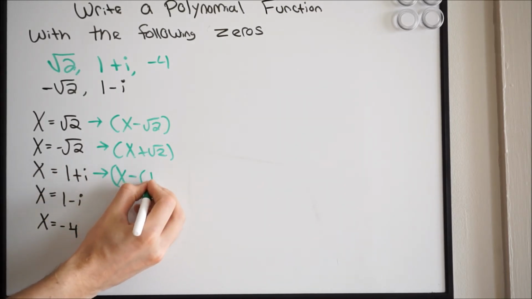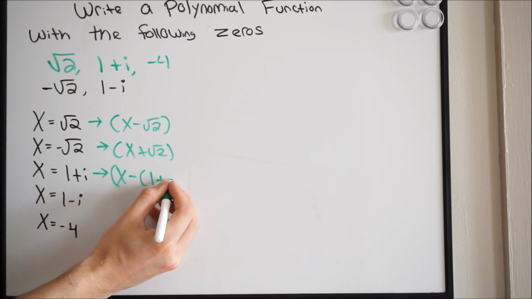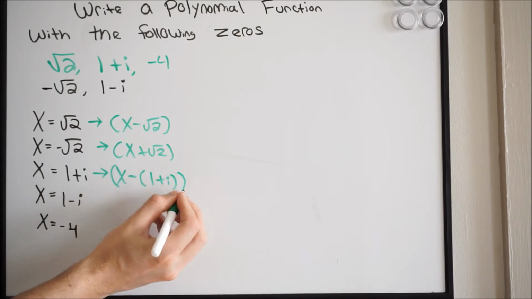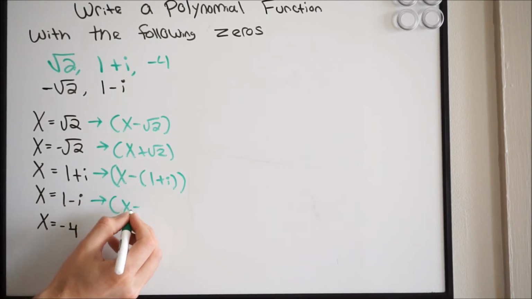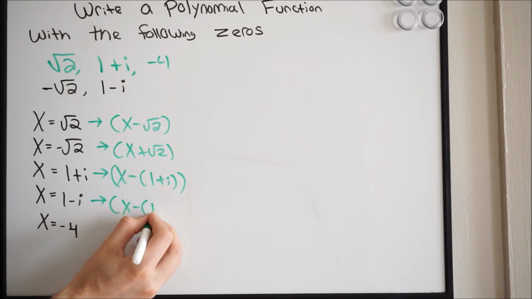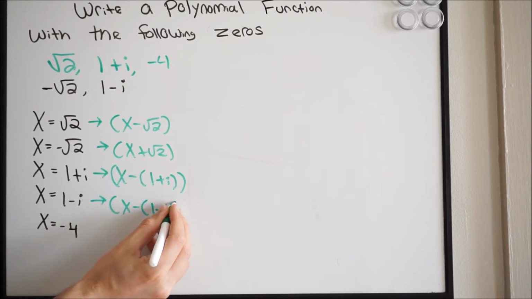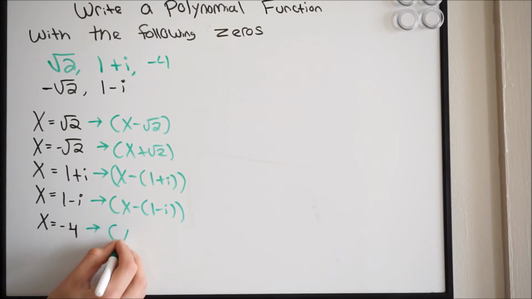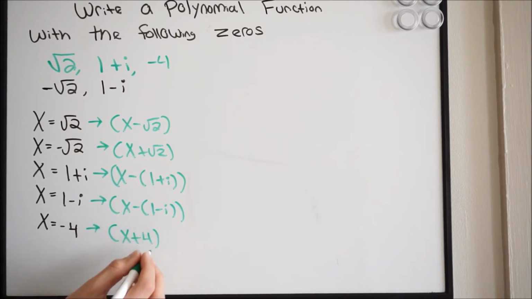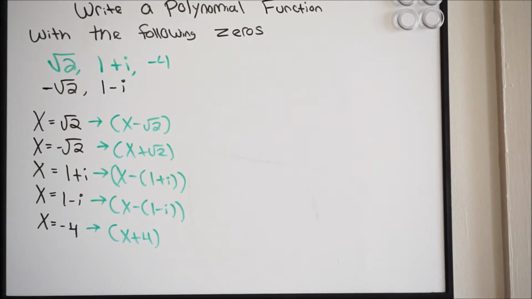We'll have 1 plus i, okay, and right here, x minus, same thing, 1 minus i, okay, and now we have x plus 4. Okay, so what we need to do, we need to put these factors together and then we need to expand it out. Alright, so let's rewrite each one of these together and then we'll go ahead and expand it out.